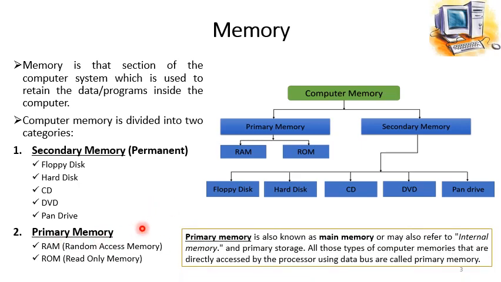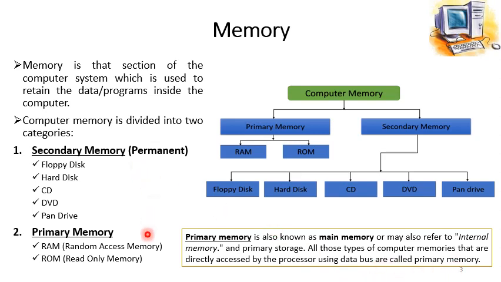So what will be the definition of primary memory? The correct definition is that primary memory is also known as main memory. It may also be referred to as internal memory and primary storage. All those types of computer memories that are directly accessed by the processor using the data bus are called primary memory.